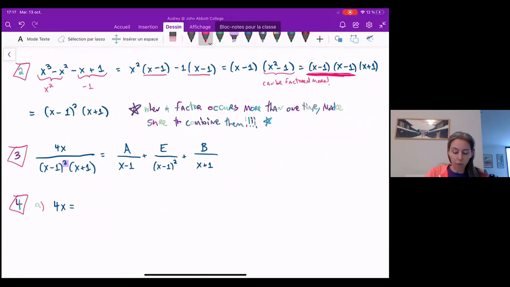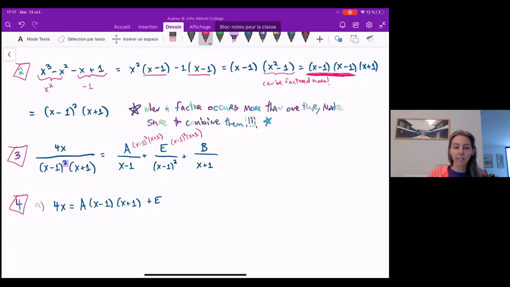I'm taking A over x minus 1 and multiplying it by x minus 1 squared and x plus 1. So what happens is I have A, and only one of those x minus 1s cancel out. So I have x minus 1 times x plus 1. Plus E, now here I'm doing the same thing. I'm multiplying each of these terms by x minus 1 squared times x plus 1.